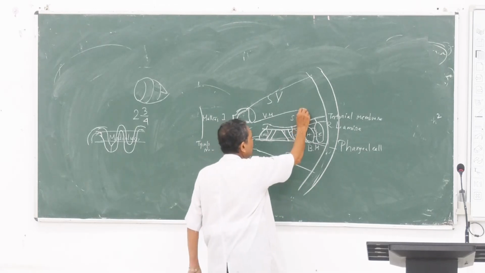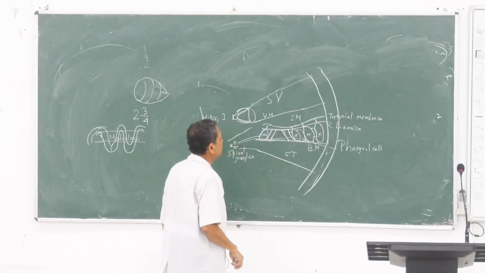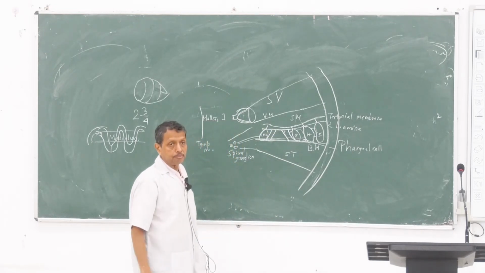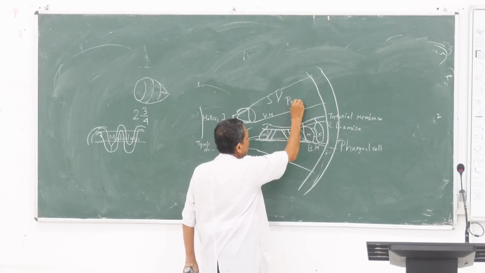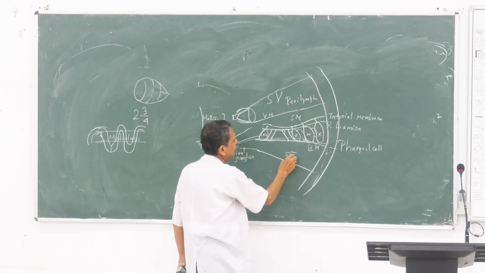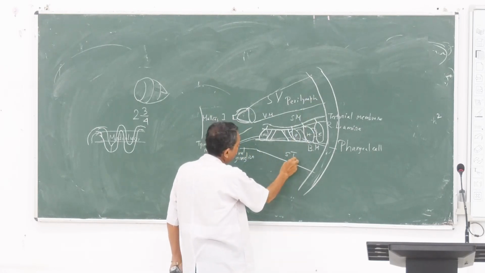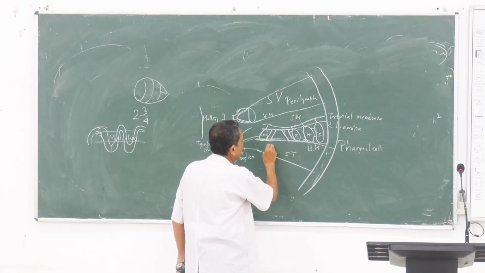And the scala vestibuli and scala media are filled with different types of fluid. In the scala vestibuli, perilymph. And scala tympani also has perilymph.